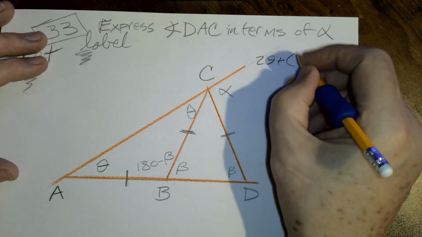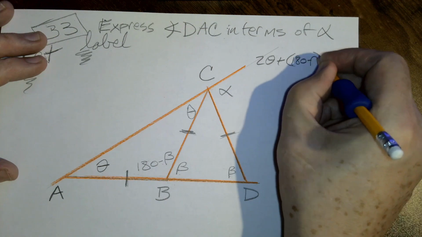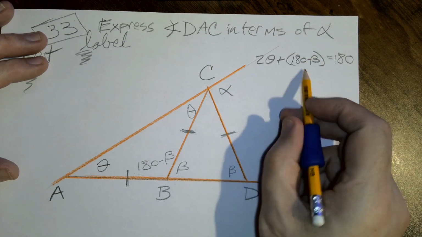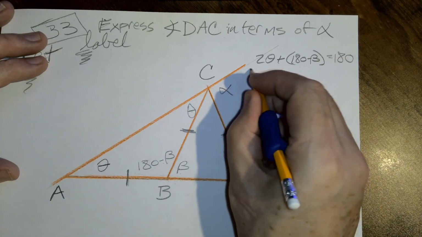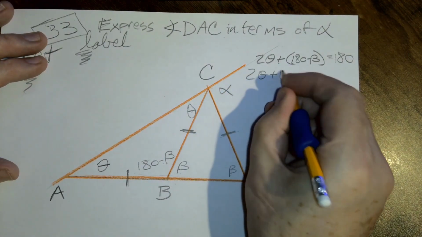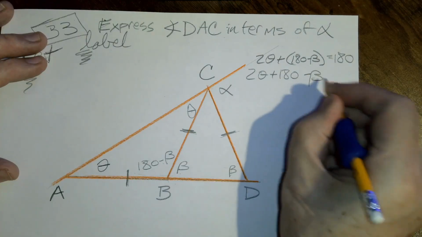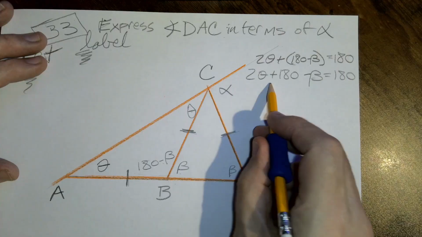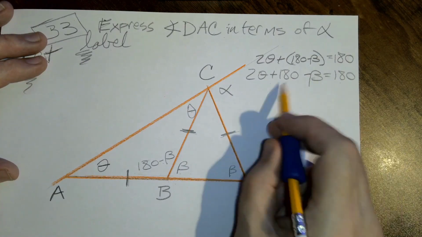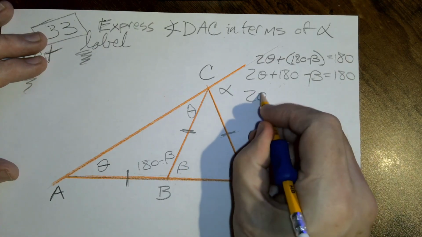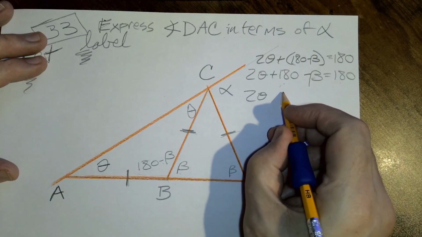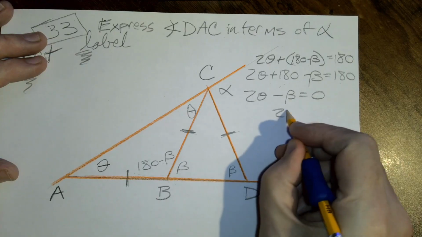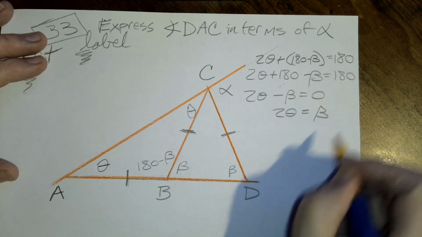And this angle here, we're calling 180 minus beta. So take the parentheses off, so we have 2 theta plus 180 minus beta equals 180. That means if we add the opposite of 180 to each side, we get 2 theta minus beta equals 0. 2 theta is equal to beta.